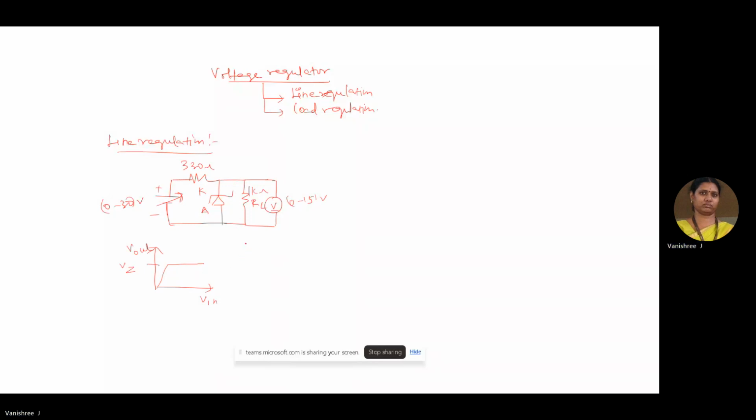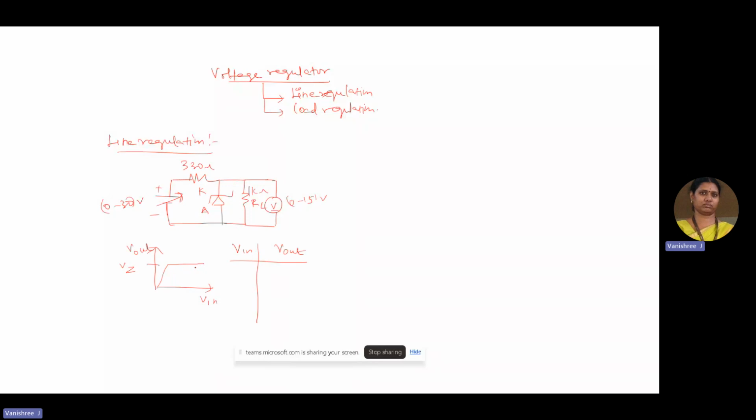If you record the values in a tabulation between V in and V out, the voltage will be increasing and finally it will settle at its breakdown voltage.